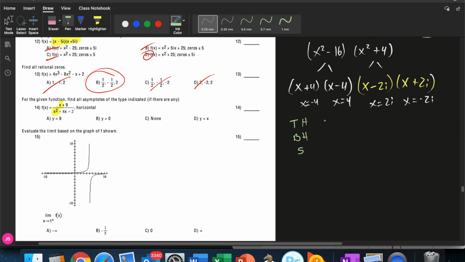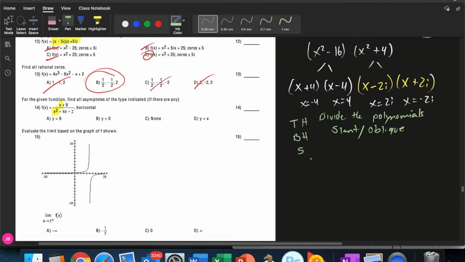Now, if you don't remember what a top-heavy function does, when they're top-heavy, you have to divide the polynomials. And this is going to lead to slant/oblique asymptotes. Okay, so you're going to have to divide the polynomial. We'll do that a little bit later down in the test.